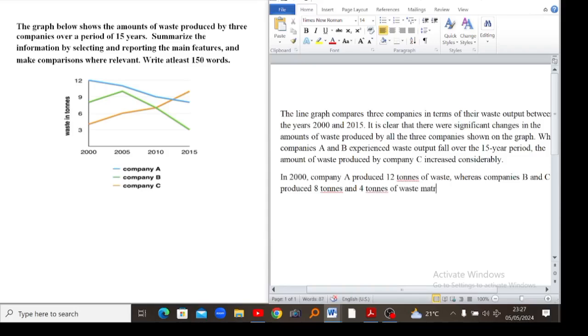So instead of saying waste output, I've said waste material, and this will boost your lexical resource, respectively.